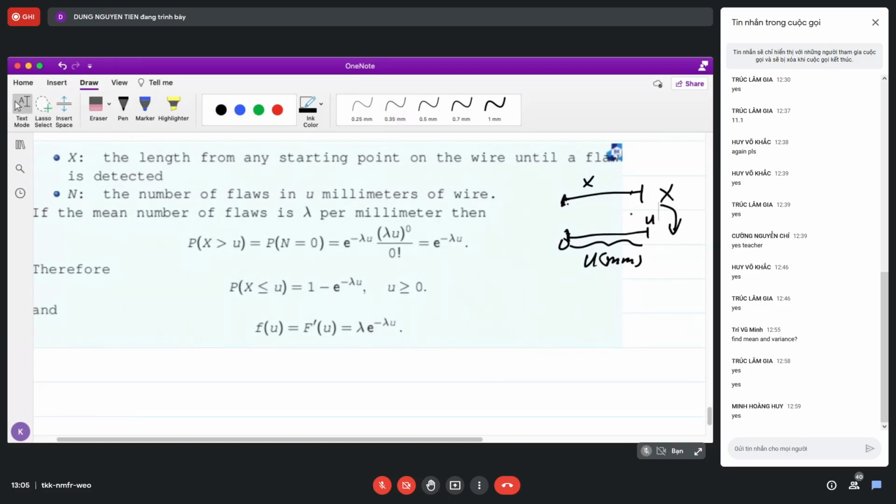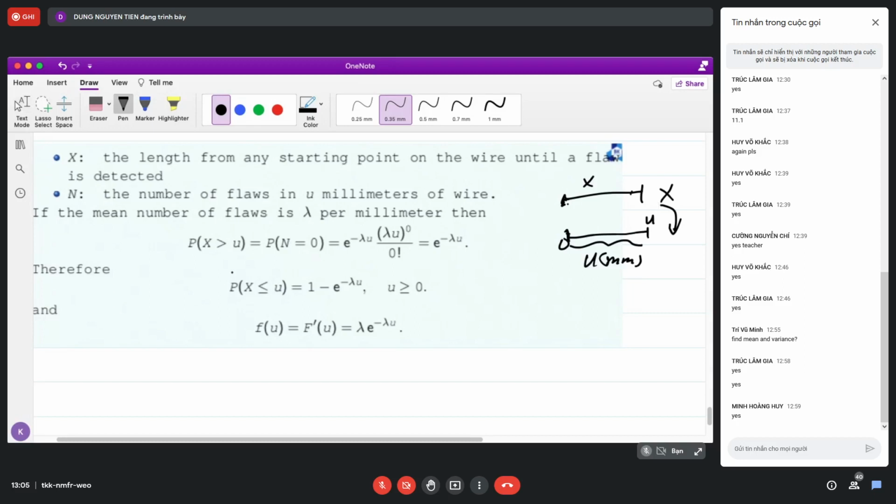It means that the interval of u millimeters of wire contains no flaws, right? And then it means that the capital N is 0. The number of flaws is 0.